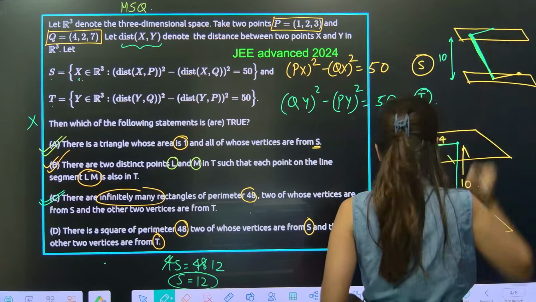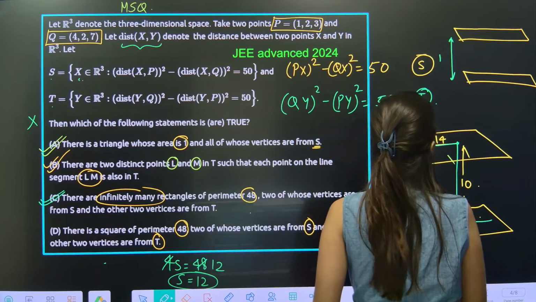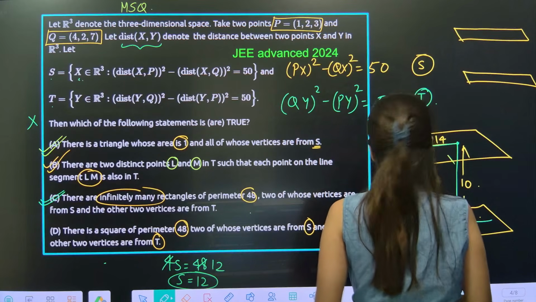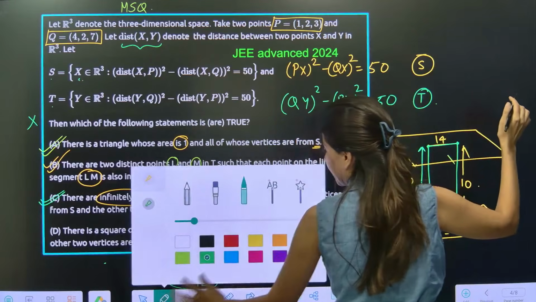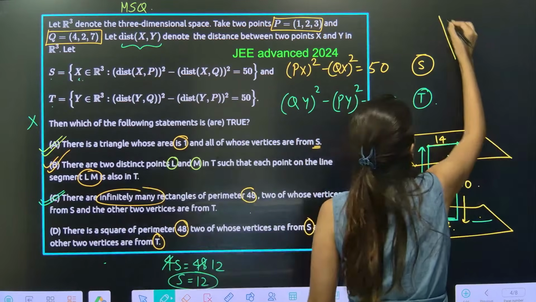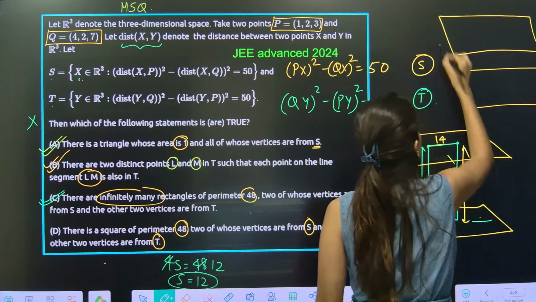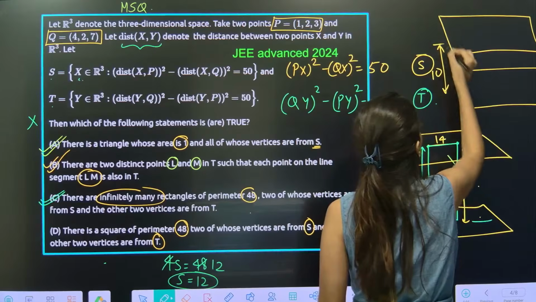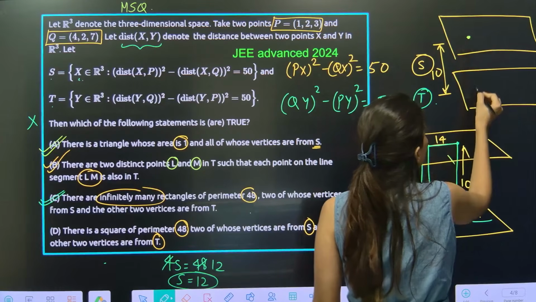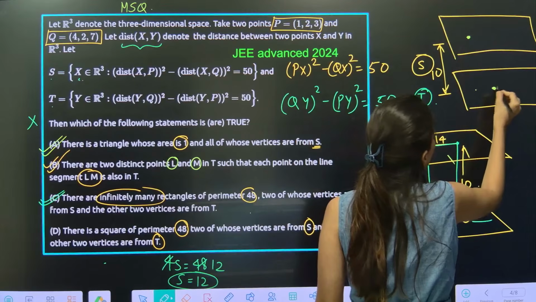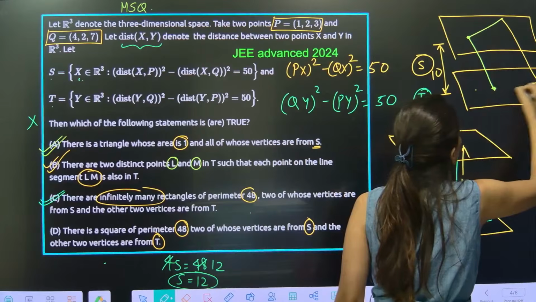Okay. Hold on. I think I need to create a bigger figure. This is your plane, right? This is your another plane. The distance between them is 10. Now what I am trying to do is, this is one point. Now taking another point here, and then you can create a square like this.